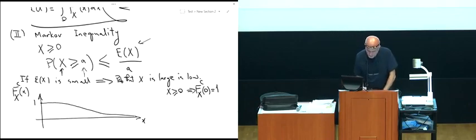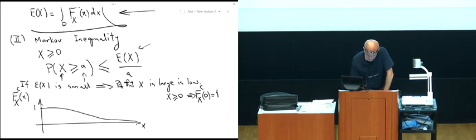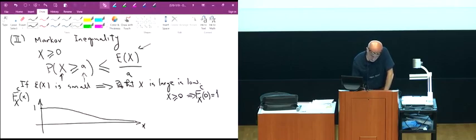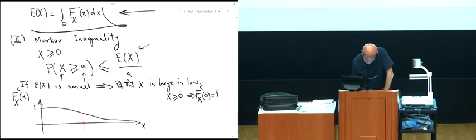Now, what does this probability mean? If I pick an A here, then this value right here is F_X complement at A. But what does that mean?